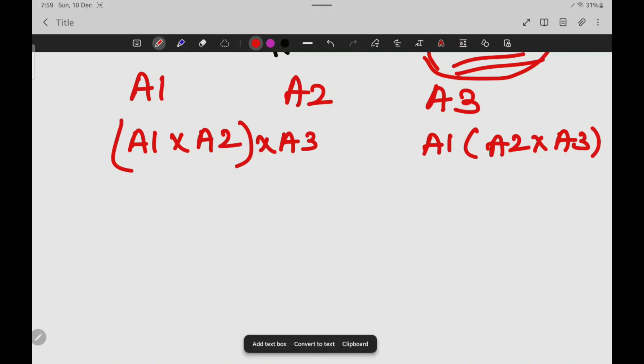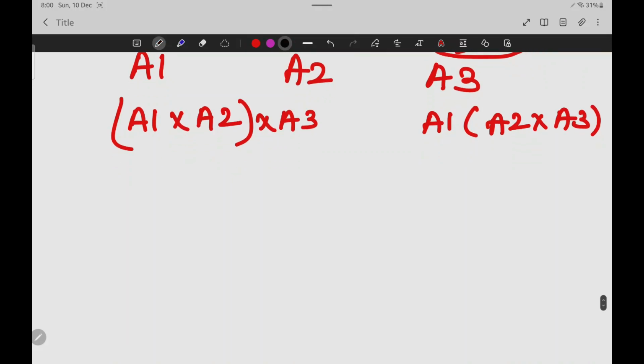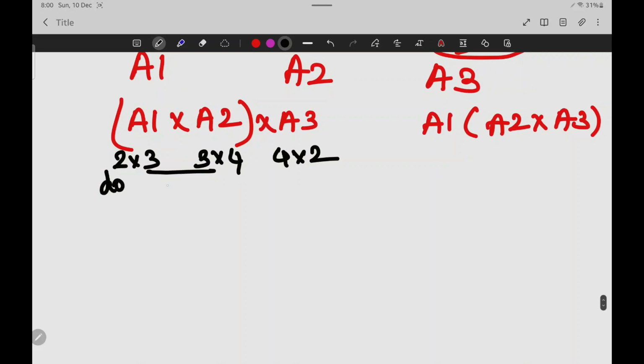So what we are doing, we are simply taking one of the combinations. In this combination we have 3 cross 4 and 4 cross 2. This should be the same, na? So this is nothing but D0, D1, D2, and this is D3.